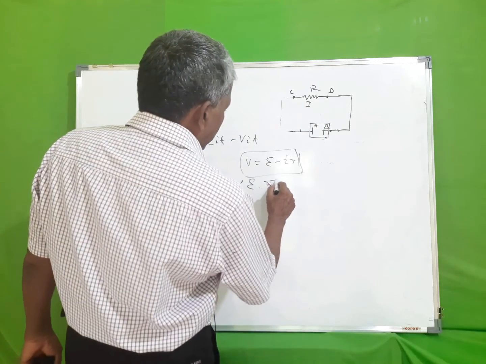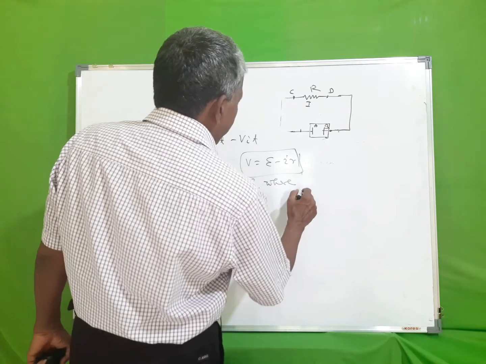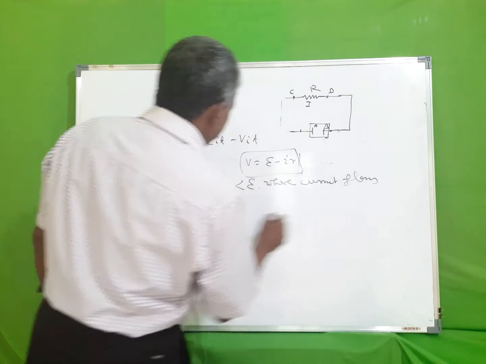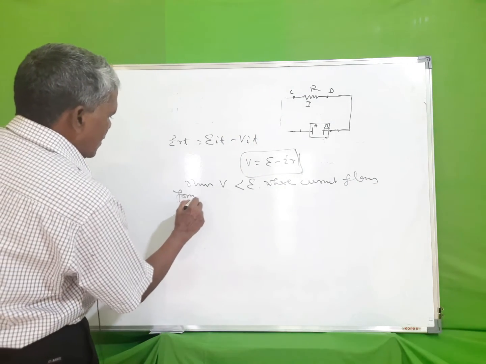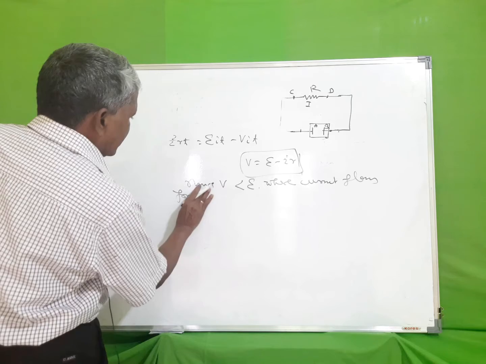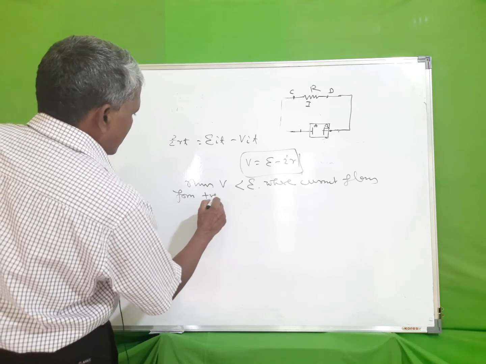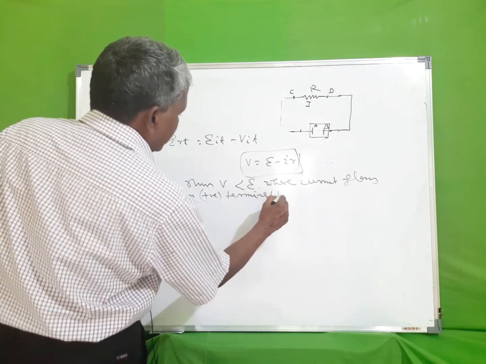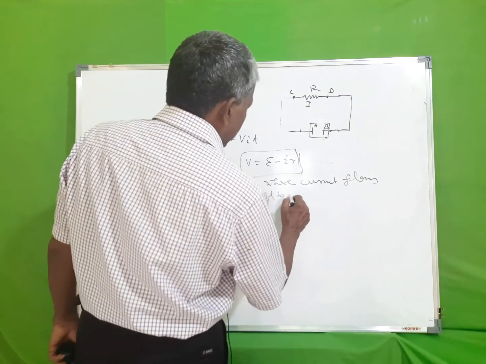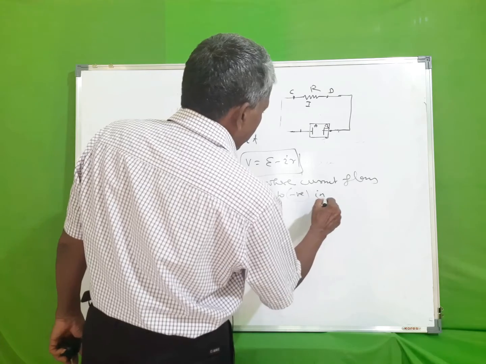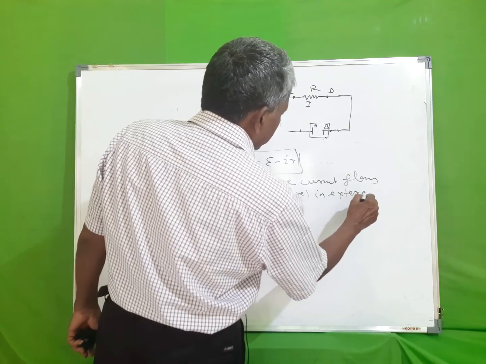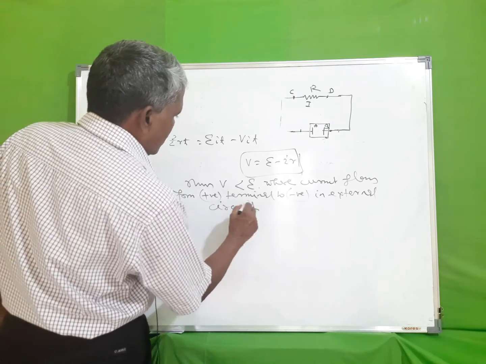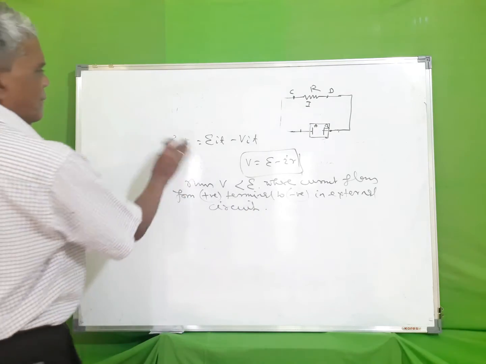Here the current flows from the positive terminal to the negative terminal in the external circuit, which is normally used.